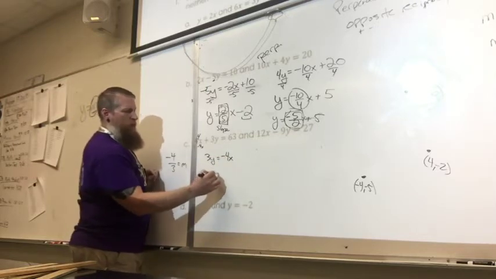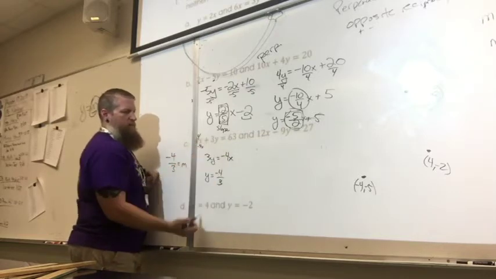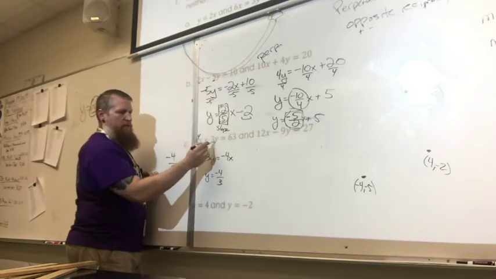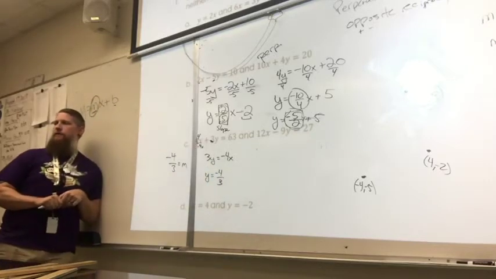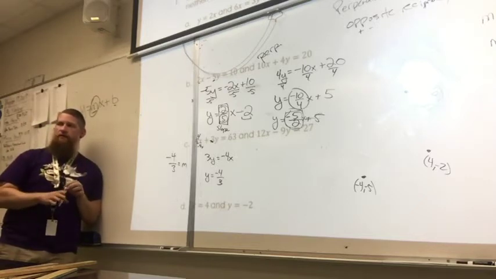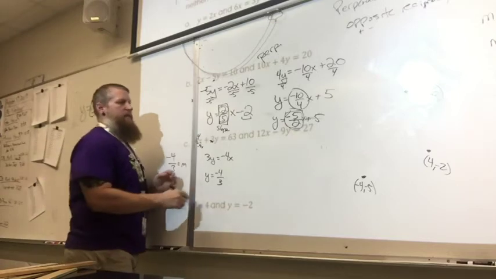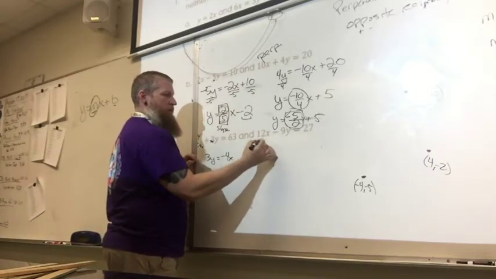Your process is always going to be move the x to the side and divide by that 3. And that's always going to be the two numbers. These two numbers here are always going to be divided by each other. The only difference is because you have to move the x to the other side, you're going to change the sign of it.